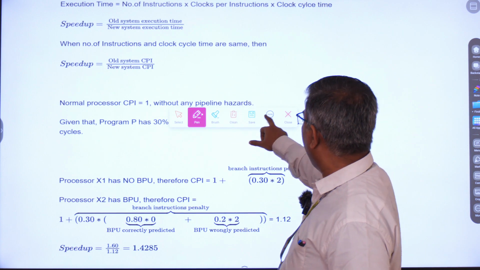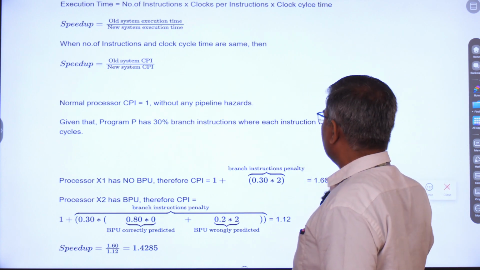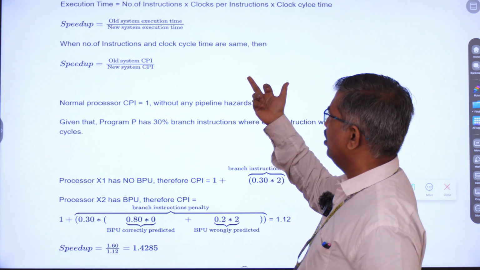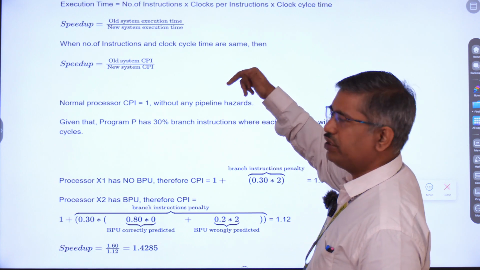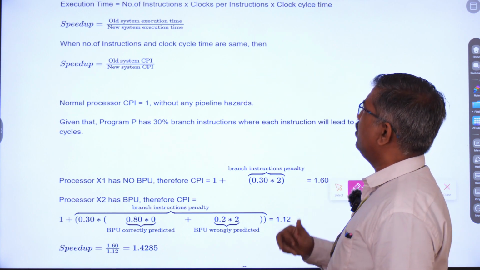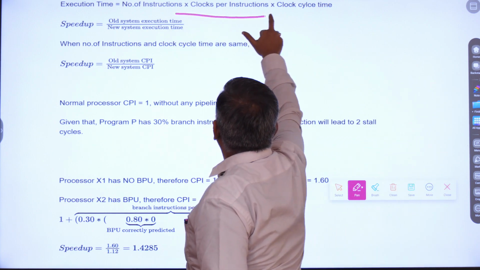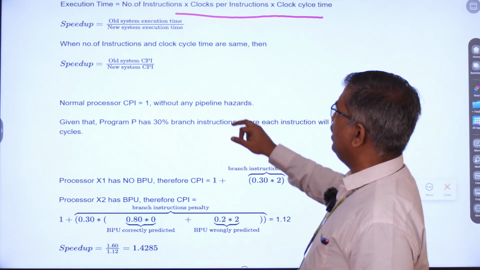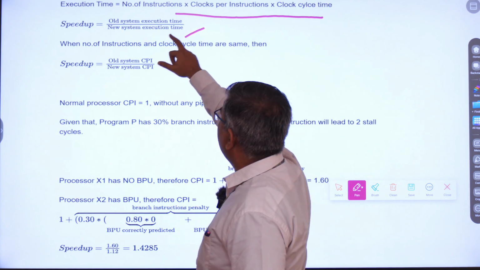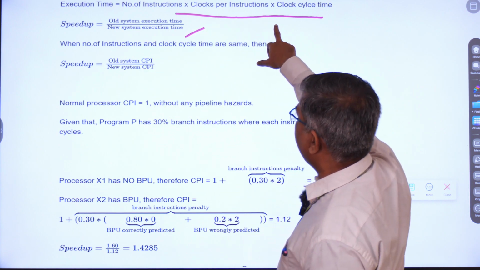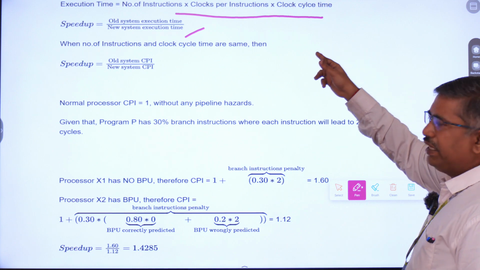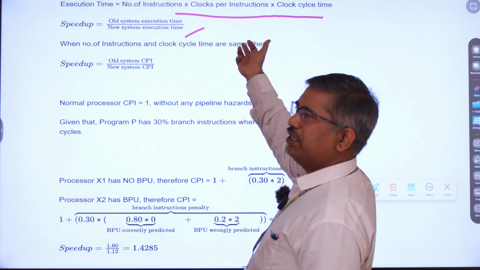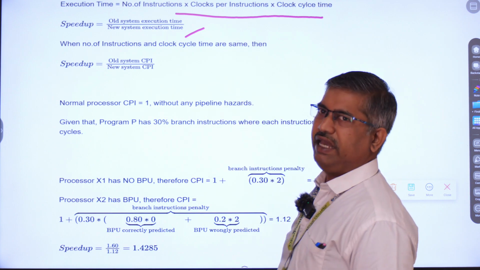We need to identify the speed up. For that, first we can calculate the execution time. Execution time can be calculated by number of instructions into clock cycles per instruction into clock cycle time. The speed up can be calculated by old system execution time divided by new system execution time.